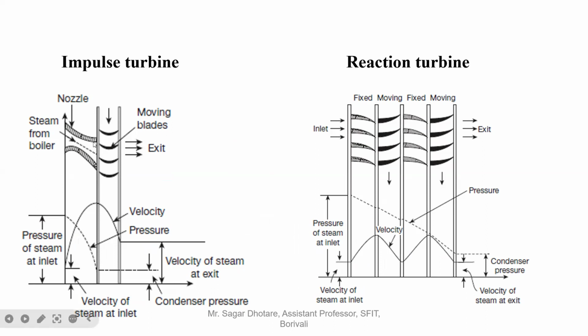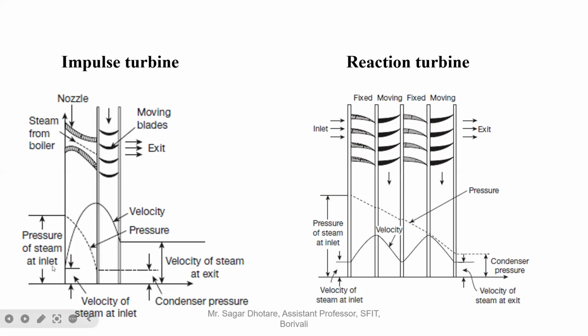In impulse, initially the steam comes from the nozzle and further travels to the moving blade. But in case of reaction, the steam passes through a fixed blade first and then a moving blade.